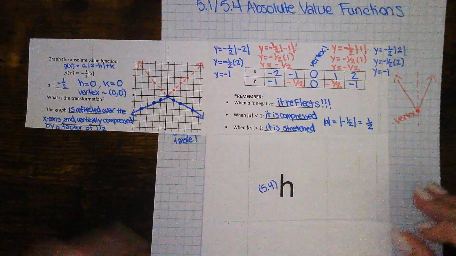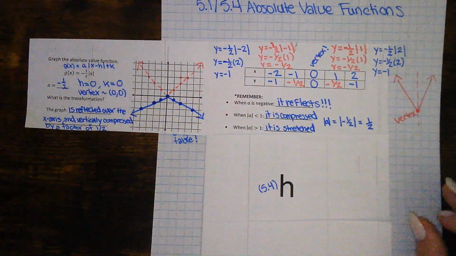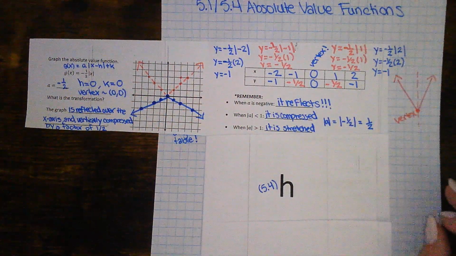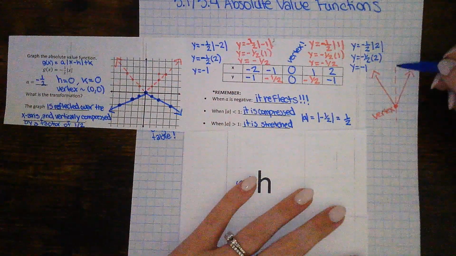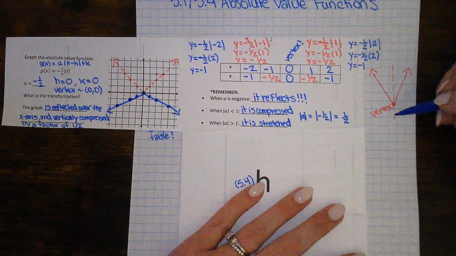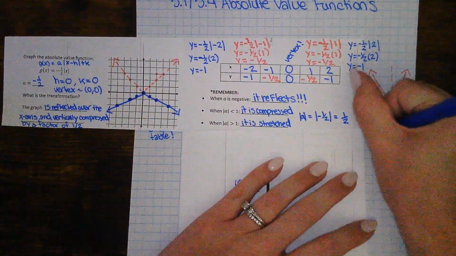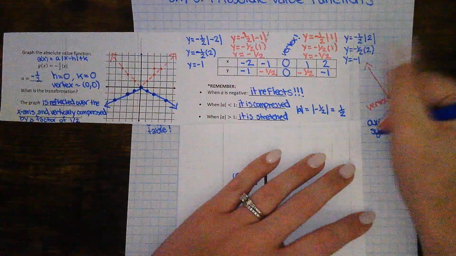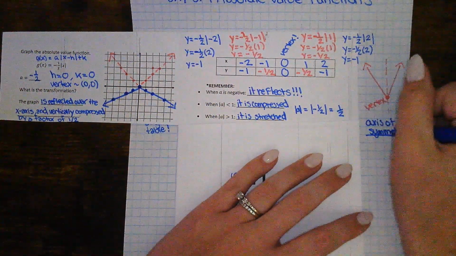Okay, so these are our key points of information for our absolute value functions. Before I end, one more thing that you might be asked to identify is the axis of symmetry for an absolute value function. In other words, the line that cuts the V shape in half. And if you're asked that, you want to write your answer as an equation.